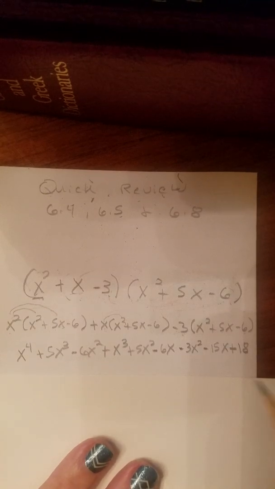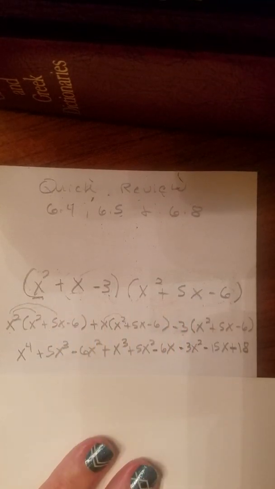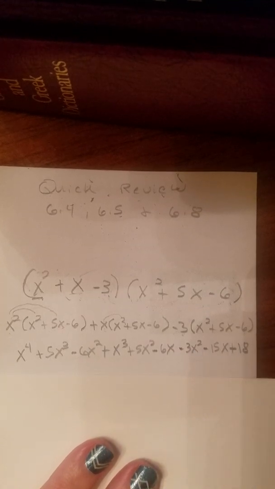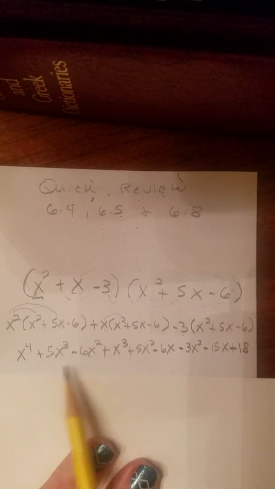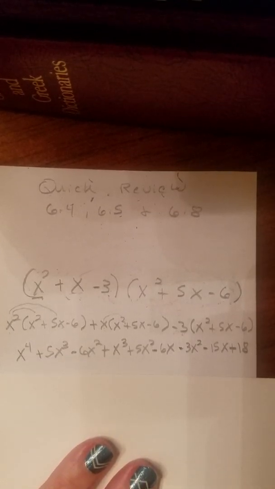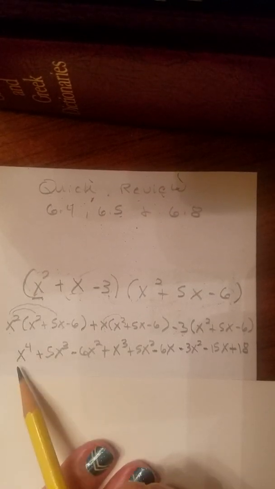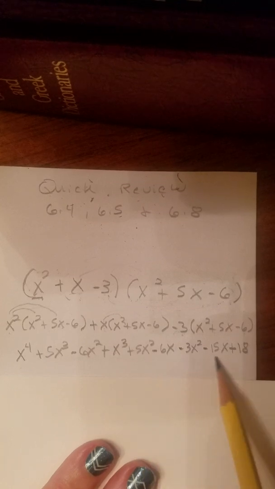Once you've done that, remember we talked about if you have 3 times 3, you should end up with 9 terms. 1, 2, 3, 4, 5, 6, 7, 8, 9. 9 terms because we took a trinomial times a trinomial. But always when you get done, you're going to look again and say, are there any like terms that I can combine? So I'm looking at x to the 4th. Are there any other x to the 4ths?